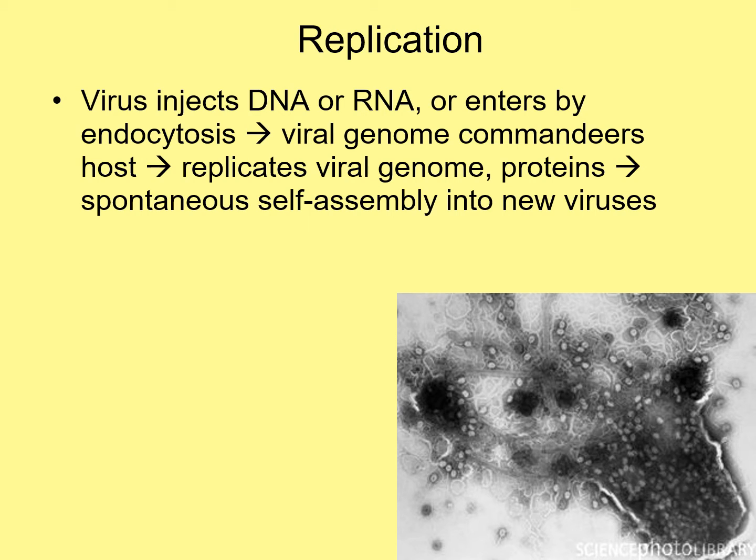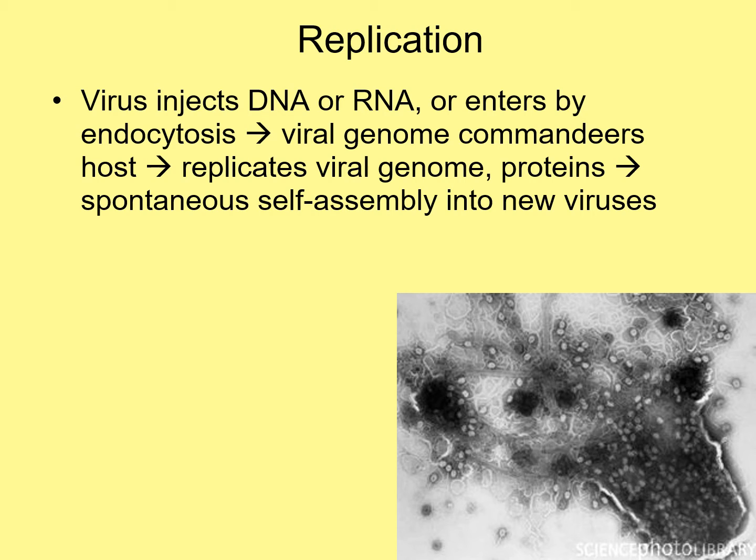They trick the host into forming a membrane vesicle, basically a little membrane bubble around the virus and bringing the virus into the cell, capsid and all. No membrane envelope though. So they enter by endocytosis.